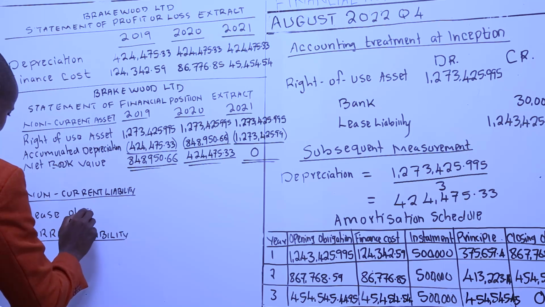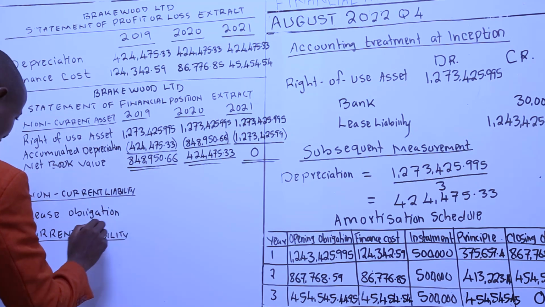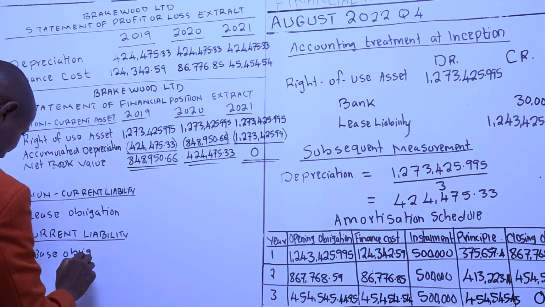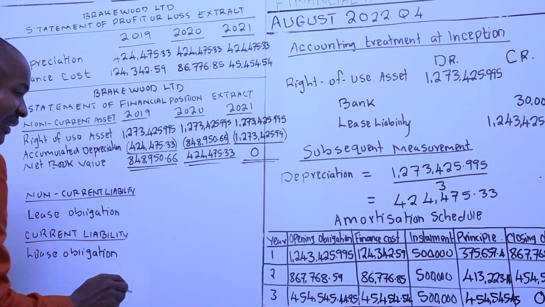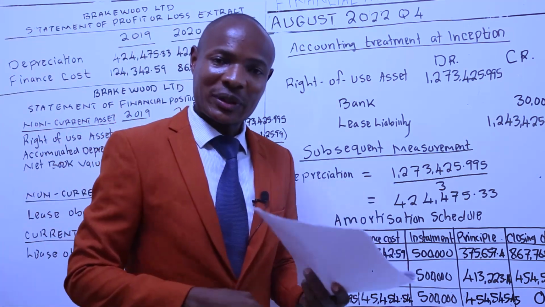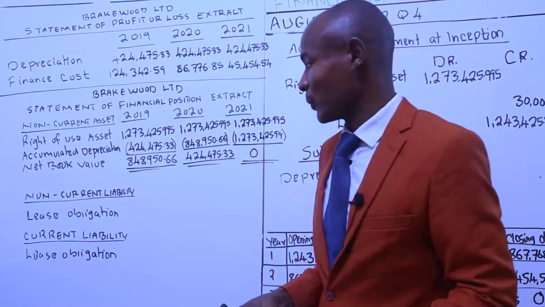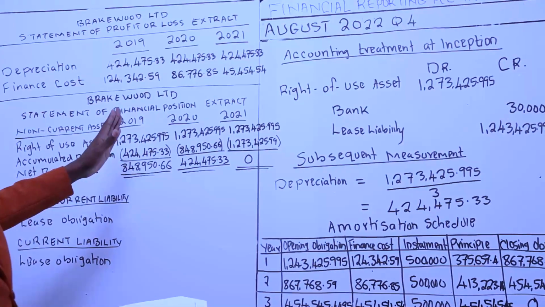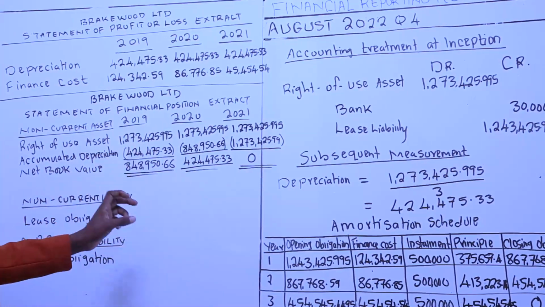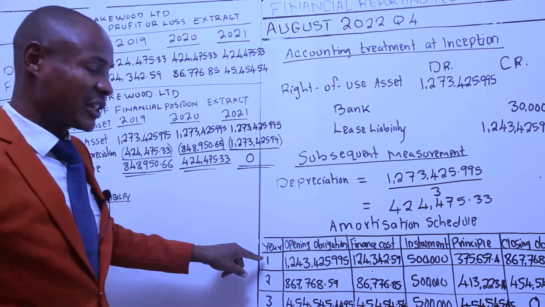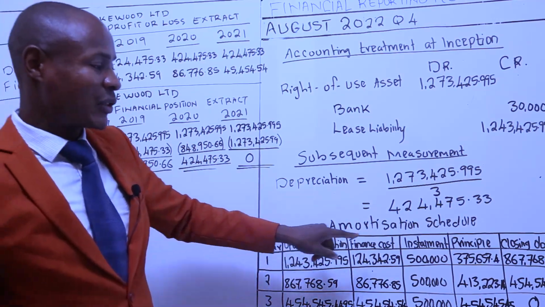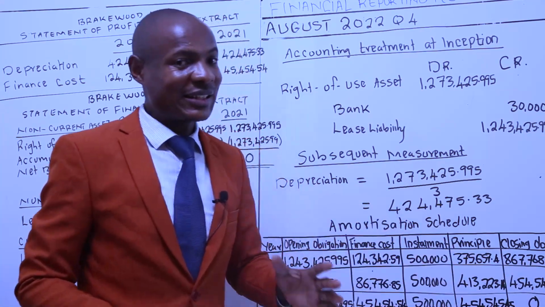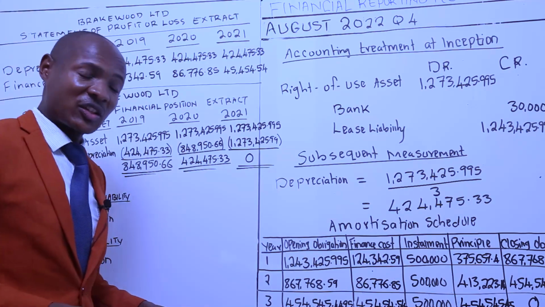Under each, the lease obligation at the end is divided into the non-current liability portion and the current liability portion. Now, looking at our amortization schedule, the total lease liability for 2019, which is year 1, amounted to 867,768.59.